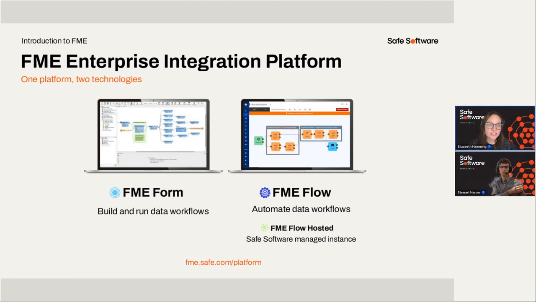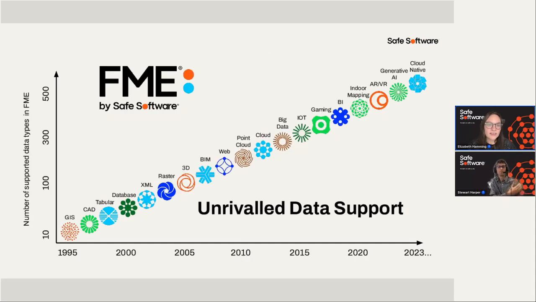And then in addition, we have added unrivaled data support for many different data types over the years. So as you can see, we support over 500 different formats at this point. We started off with GIS at the beginning, and we've recently added generative AI, cloud native, AR, VR, indoor mapping. Anything to add there, Stuart, on your end?